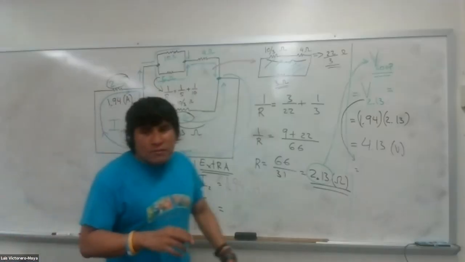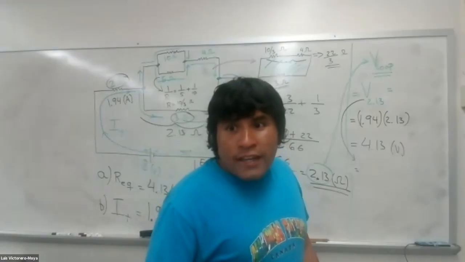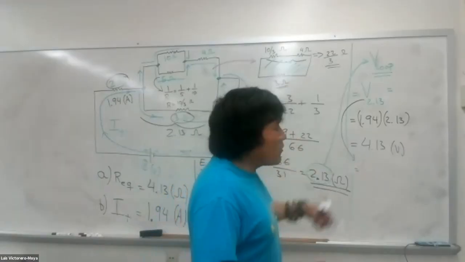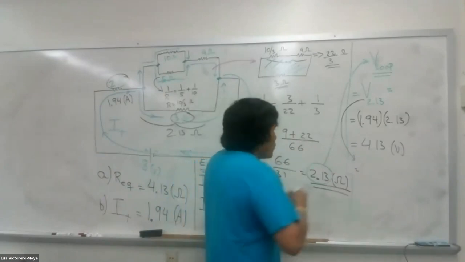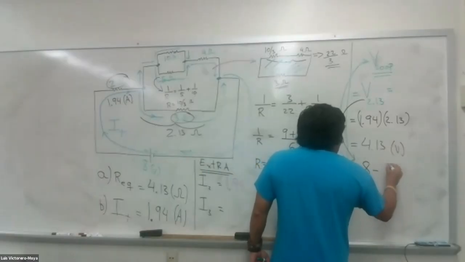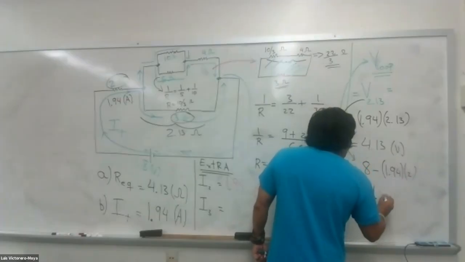How much is 2 times 1.94? 2 times 1.94 is 3.88. If you subtract it from 8, you get 4.13. So you can also use 8 minus 1.94 times 2. That gives you also 4.13.